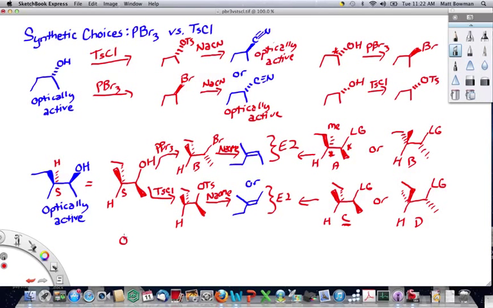The main way we can make them is if we start off with an optically active epoxide plus a Grignard, in the presence of ether followed by H3O+, which gives us our optically active alcohols, which we can then use in any of these reactions to generate either diastereomer of alkene, or any nitrile or other product of an SN2 reaction.